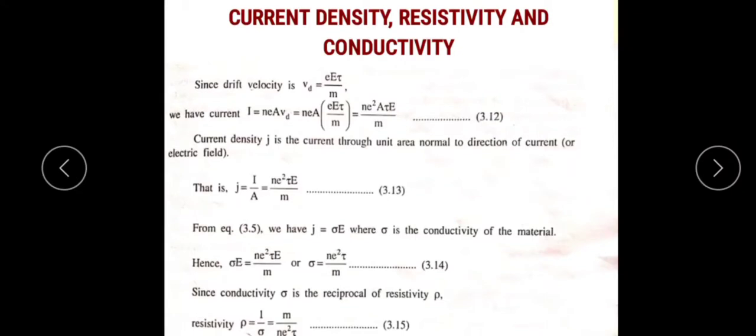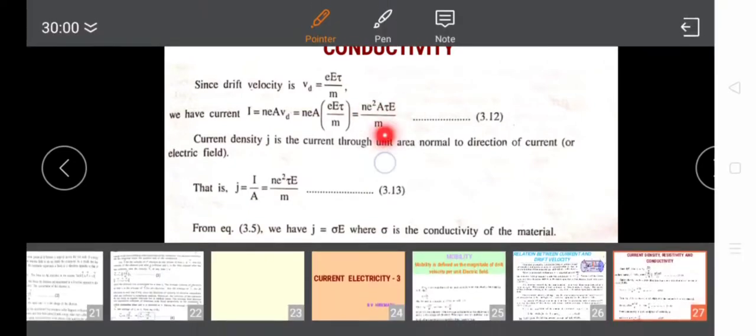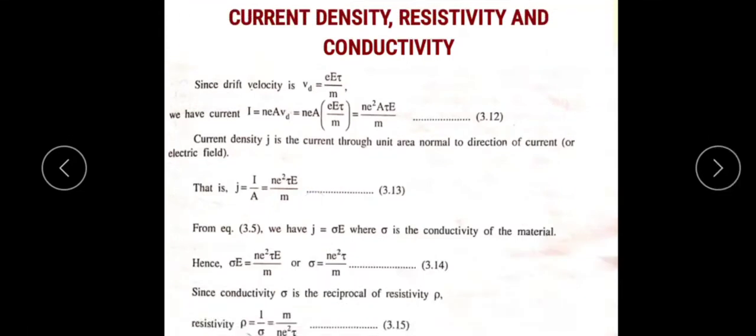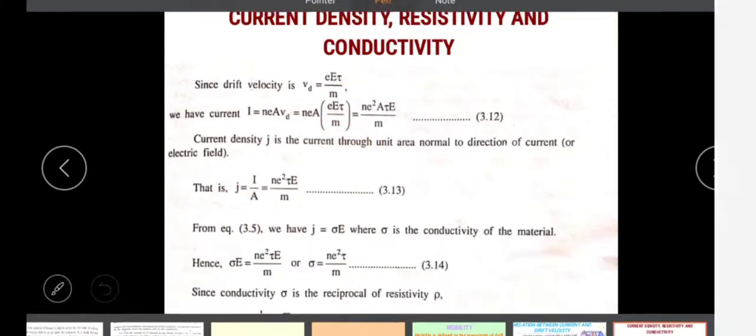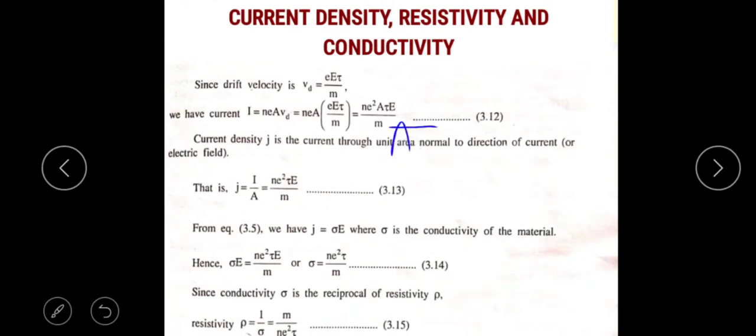So the current density J is equal to current per unit area, I divided by A. Dividing n e squared A τ E by m by A, the A gets cancelled, and the remaining term is J equal to n e squared τ E divided by m.